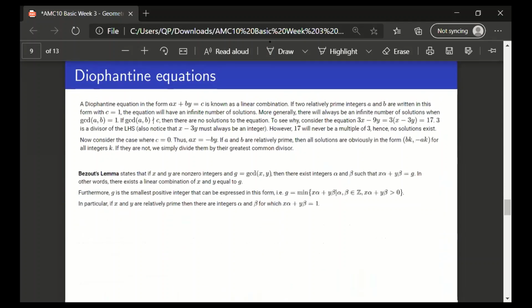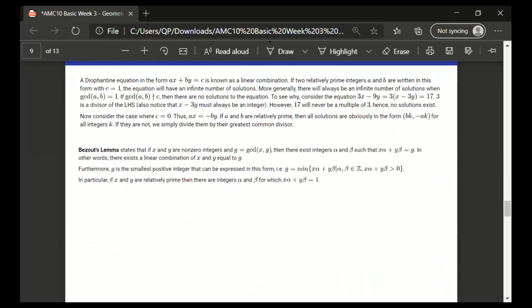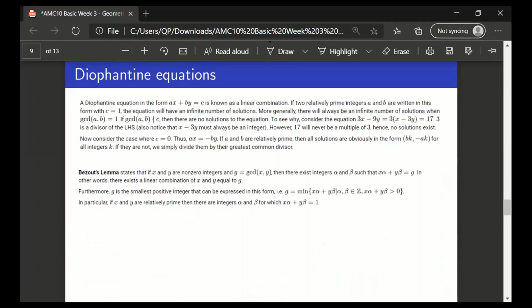Diophantine equations. A Diophantine equation is basically any equation with solutions over the integers. A Diophantine equation of the form ax plus by equals c is known as a linear combination.